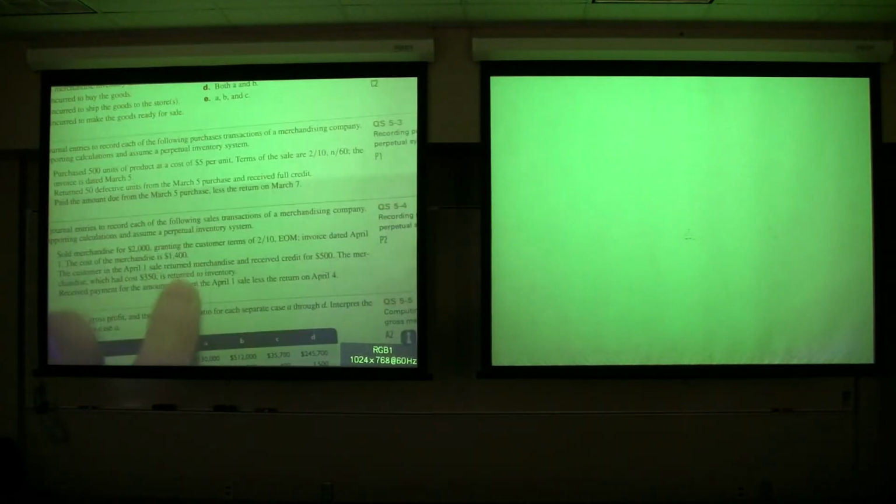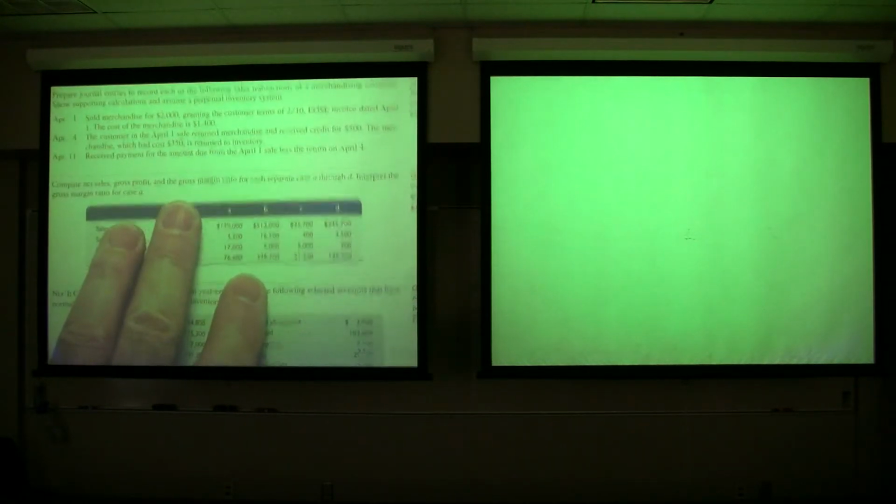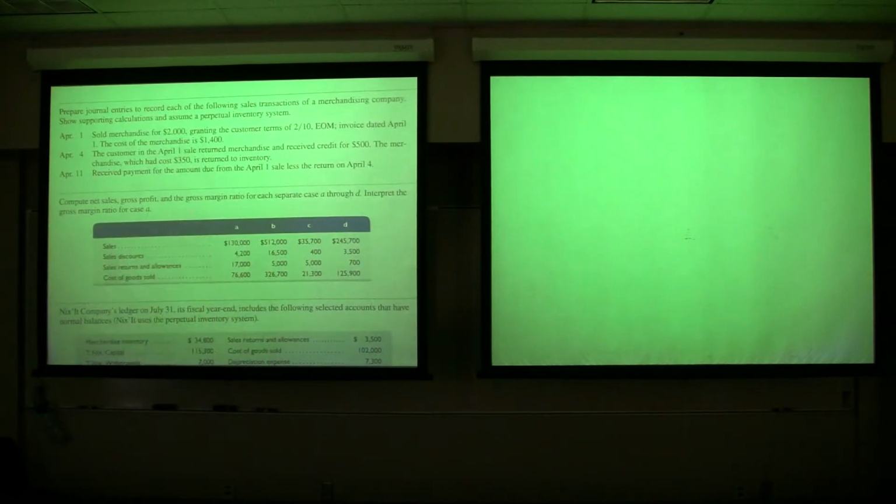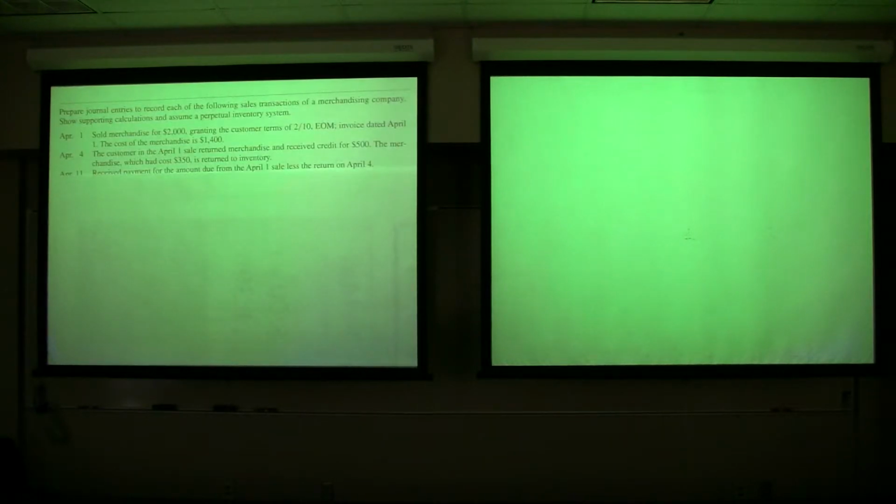So here's how it reads. Prepare journal entries for each of the following sales transactions of a merchandising company.